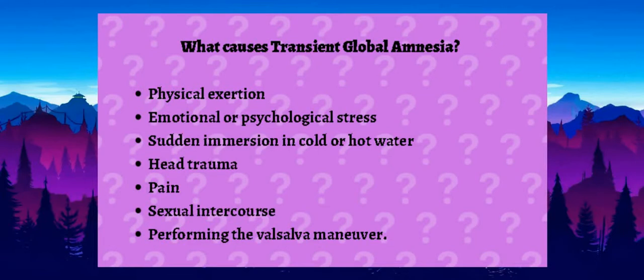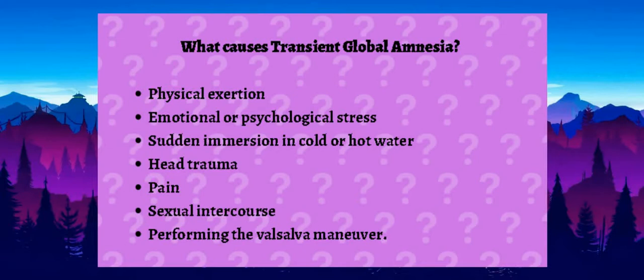In this slide we have physical exertion, emotional and psychological stress, sudden immersion in cold or hot water, head trauma, pain, sexual intercourse, and performing the Valsalva maneuver. This is a breathing technique purposely performed by a person as part of a medical test or to slow a rapid heart rate, among other uses. It is performed by closing your mouth, pinching your nose, and bearing down as if having a bowel movement.